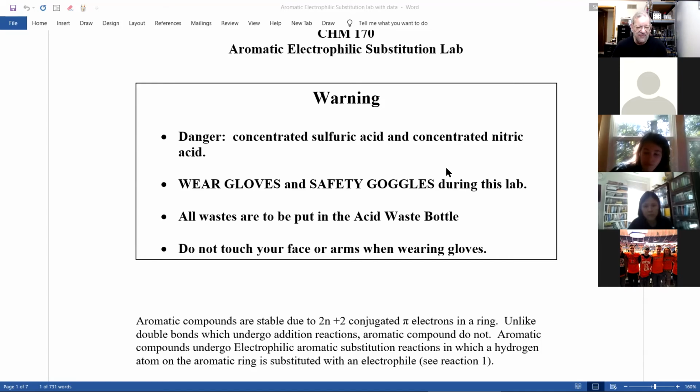In this lab, as in all labs, we wear goggles, but I'd also have you wear lab gloves, and either a lab coat or a long-sleeve top, because this will protect your skin if you ever get acid spills. I'd rather have the clothes get ruined than your skin.